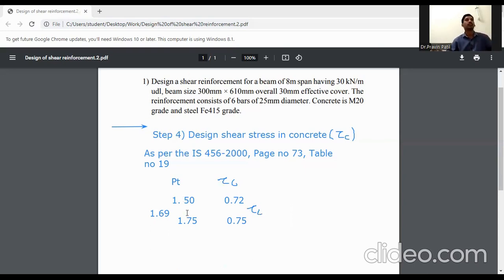First of all, this difference: 1.75 minus 1.50 divided by 0.75 minus 0.72 is equal to 1.69 minus 1.50 divided by tau c minus 0.72. We need to calculate tau c value from this.